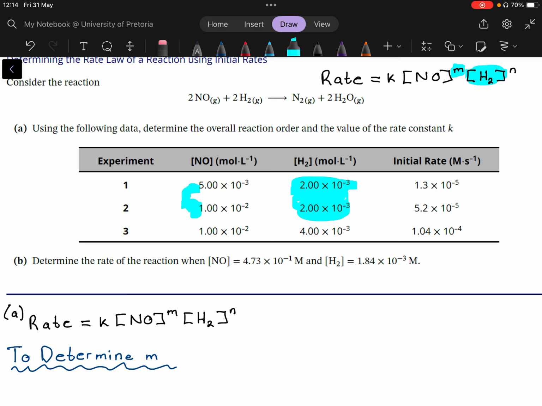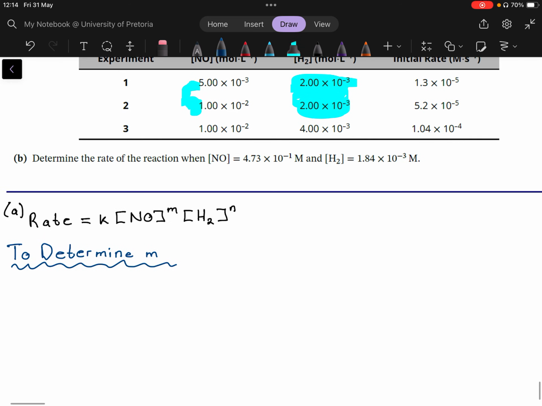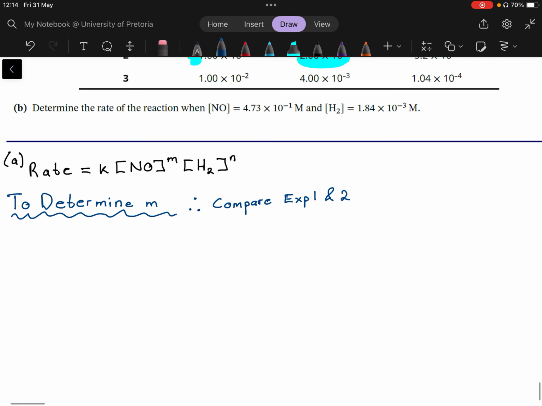So we can use experiment 1 and 2. Let's write that down. Therefore, compare experiment 1 and 2.